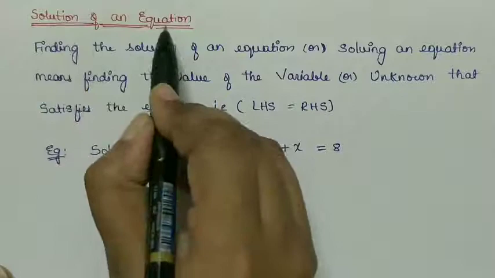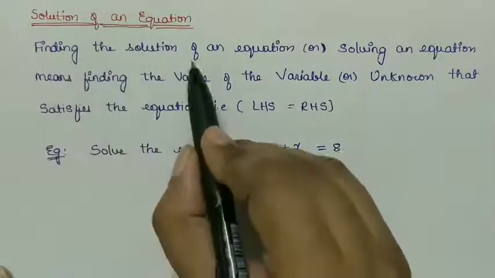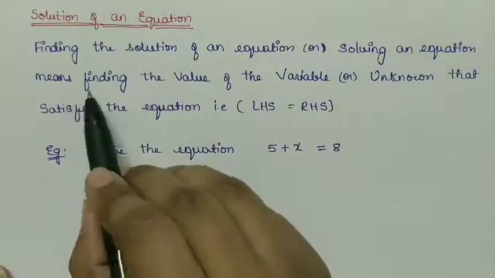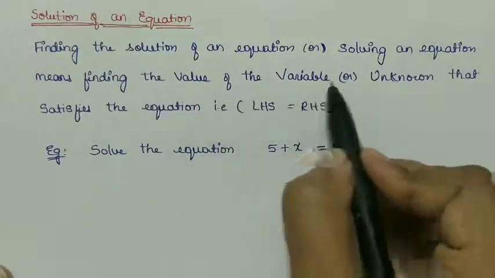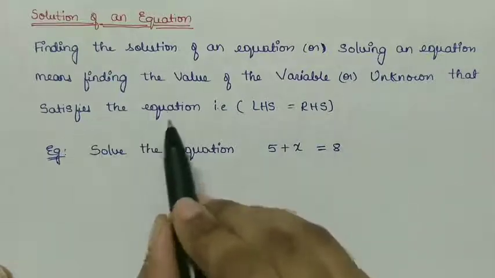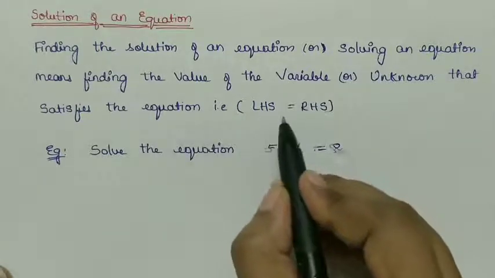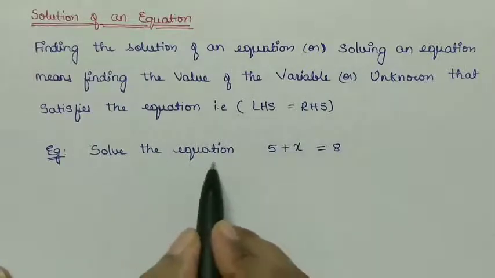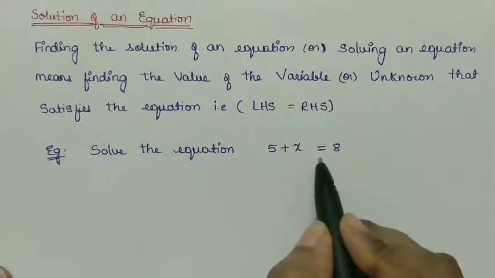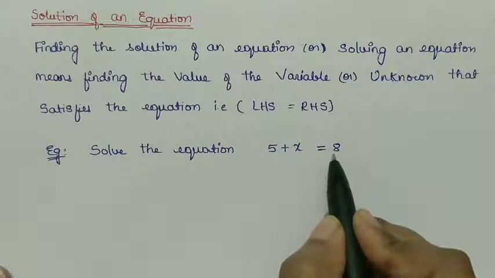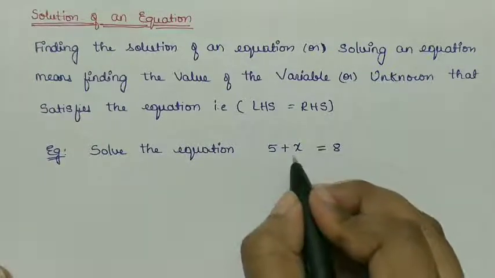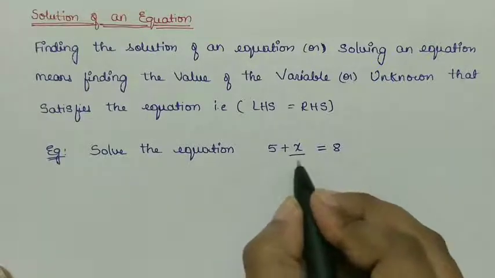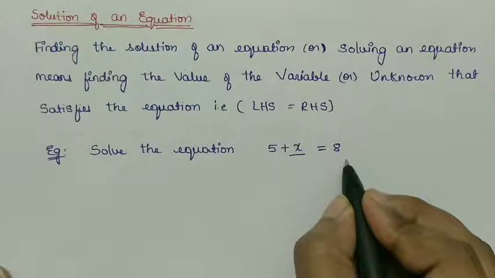Solution of an equation. Finding the solution of an equation or solving an equation means finding the value of the variable or the unknown that satisfies the equation, that is LHS equal to RHS. Example, solve the equation 5 plus x equal to 8. That means we have to find the value of the variable x so that LHS will be equal to RHS.